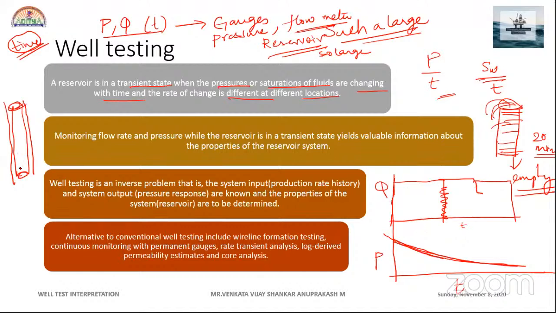This is a cylindrical wrap, so when you open the wrap, it will be like this. Even though I am showing it as a continuous decline, you will never get a decline of such a rate; your pressure response will be like this.